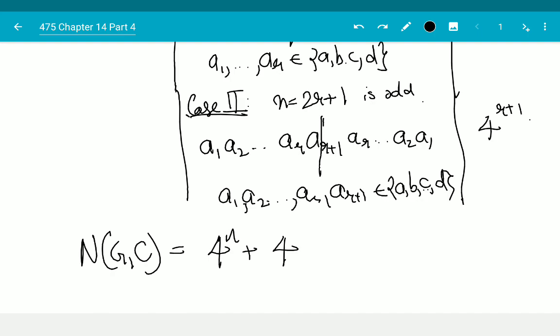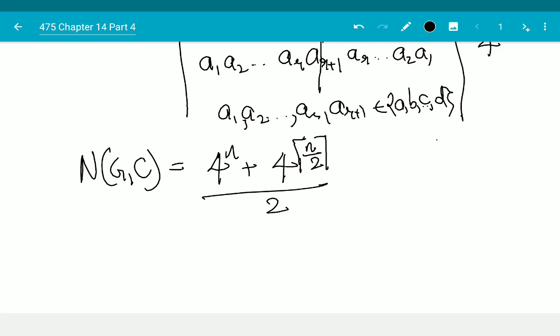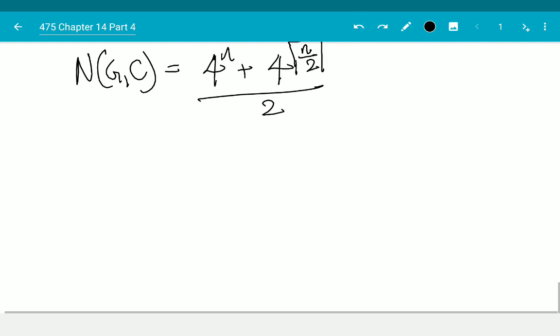It's 4 to the (n plus 1) over 2. What function do I know that does that? It's the ceiling function. So I have the ceiling function of n over 2, all over 2. Okay, and that's the number of symmetries I have.